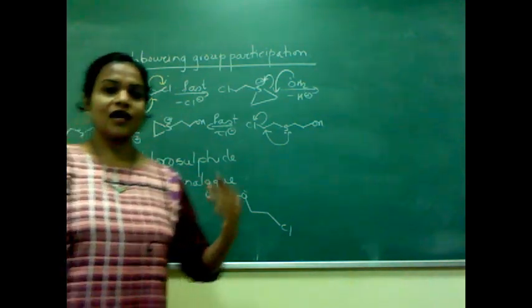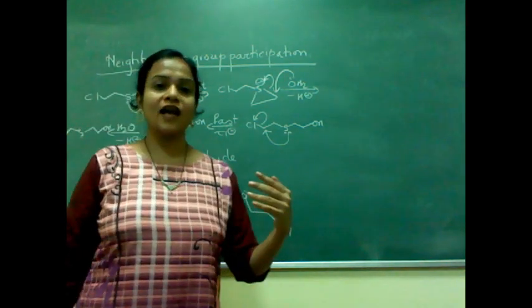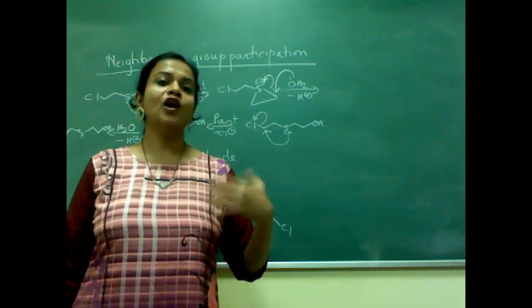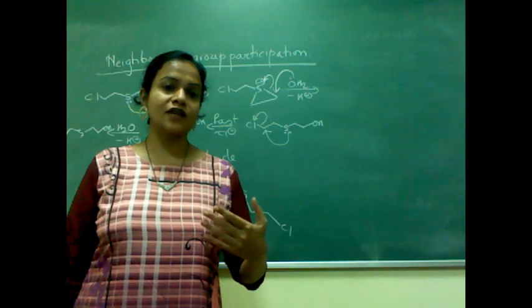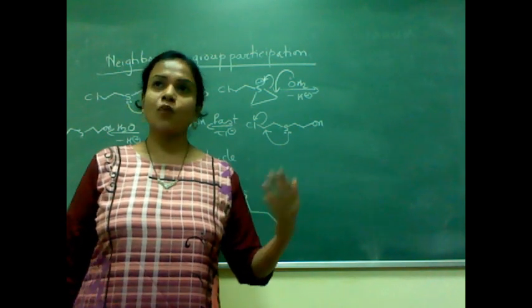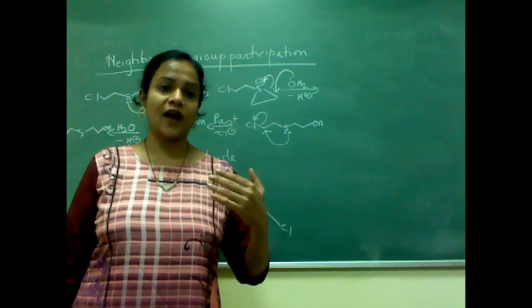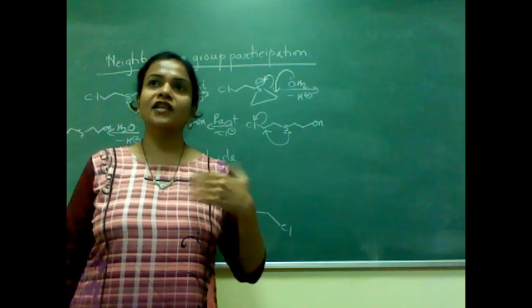So with this, we have seen certain examples which occur due to participation by lone pair of electrons present on the substrate. So with regards to this particular lecture, we can put everything in a nutshell.